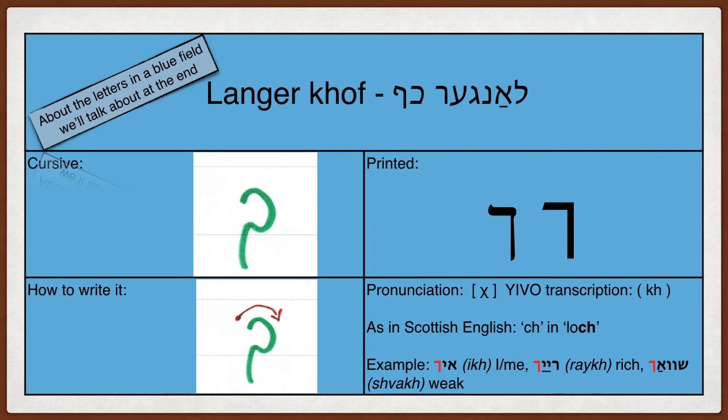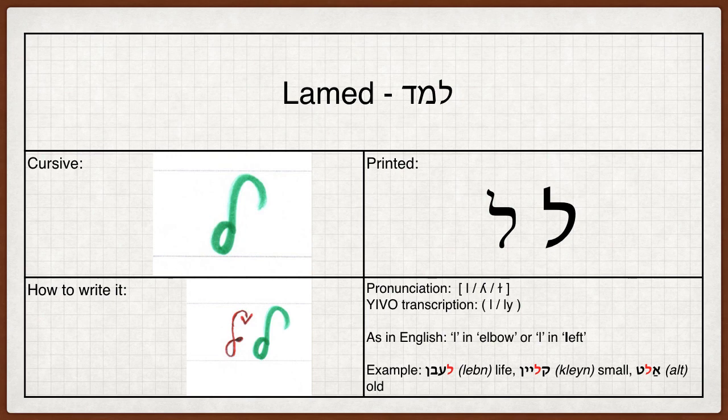And now I am going to talk about my absolute favorite sound in this whole wide world. So this is the letter Lamed. And the Lamed has different pronunciations. You can pronounce it as L. In English, there is a so-called dark L, which is an O sound, like in elbow or kill.